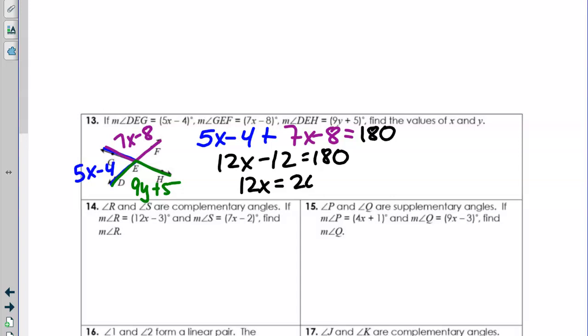We get 192. And what would x equal? 16. Next, we're going to figure out y. So get that calculator down, and then we'll do y.